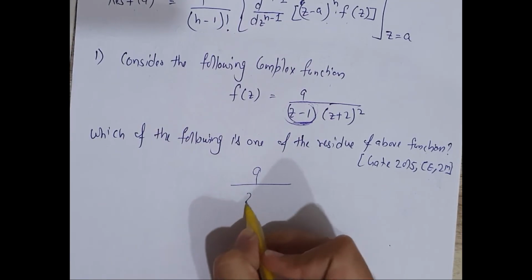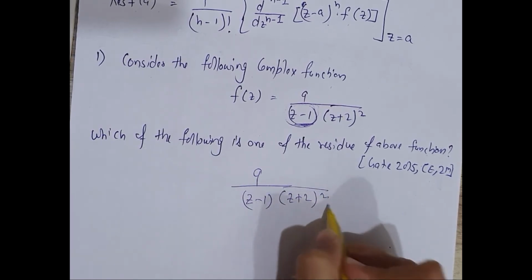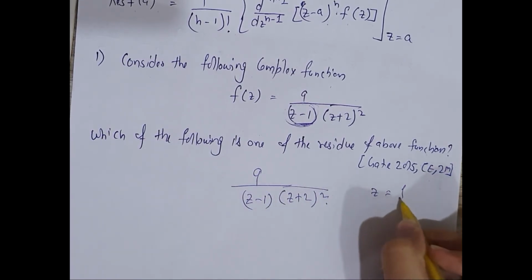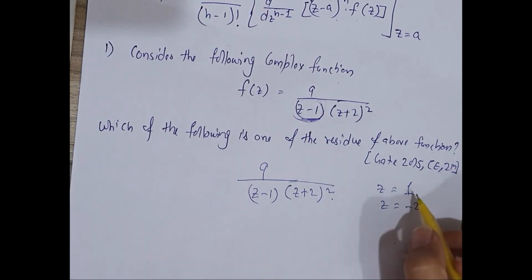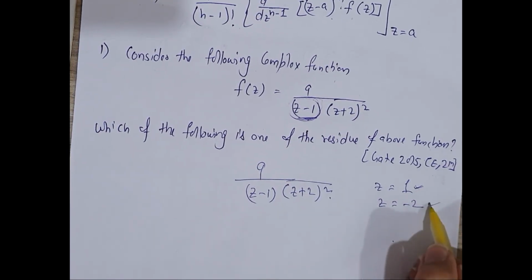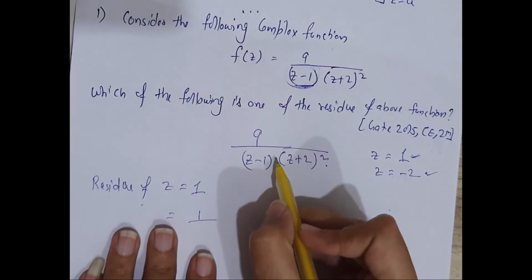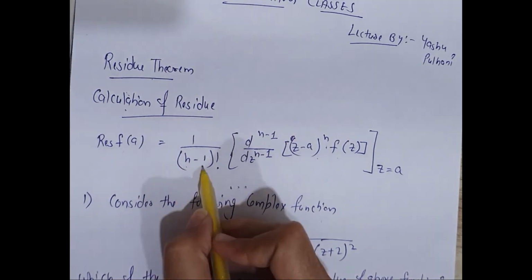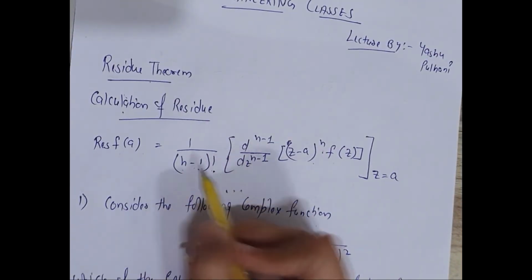Here there are two poles, that is z equal to 1 and z equal to minus 2. Firstly we will find the residue at z equal to 1, then we will find the residue at minus 2. Just put it in this formula. n is this power. Here n minus 1 means the power is 1, so 1 minus 1 is 0.